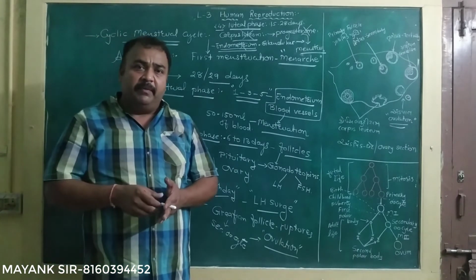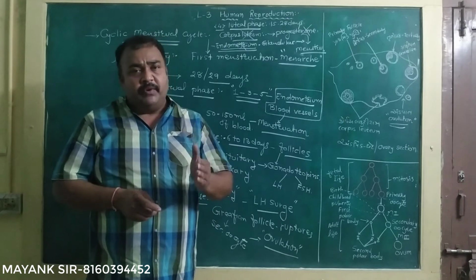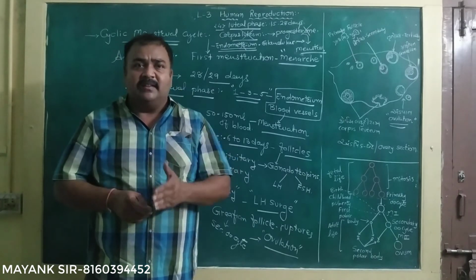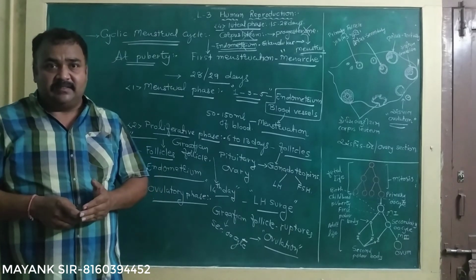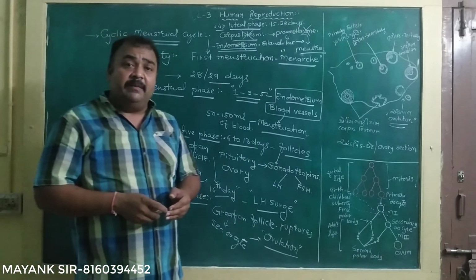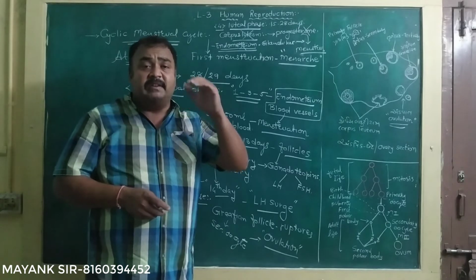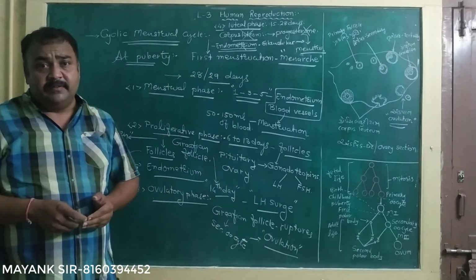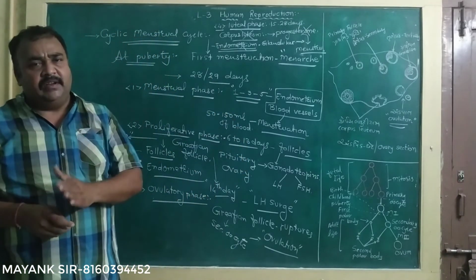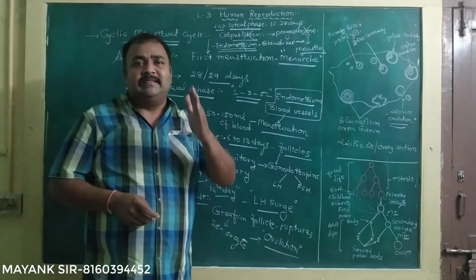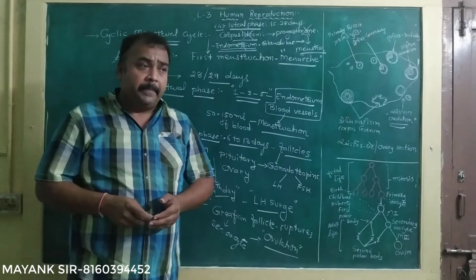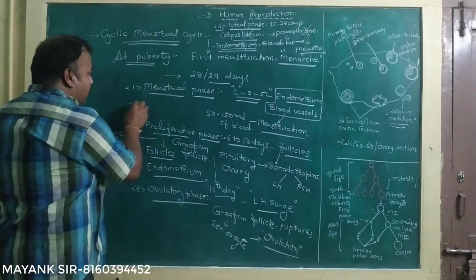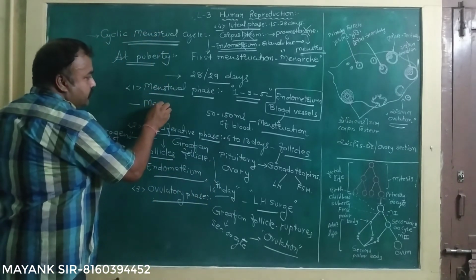But in human females, menstruation ceases around 45 to 50 years of age, and this is called menopause.